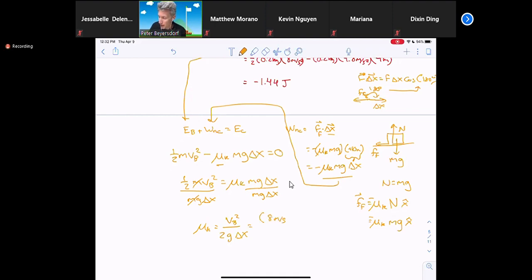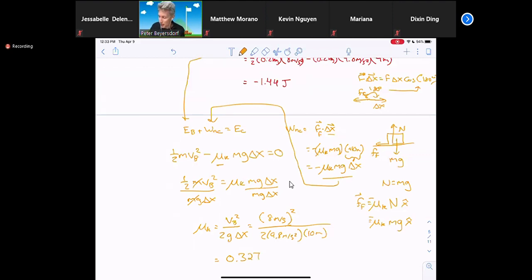Okay, so I want to evaluate this numerically. I have 8 meters per second as vb, my usual value for g, and 10 meters for delta x. So numerically, this is giving me 0.327.